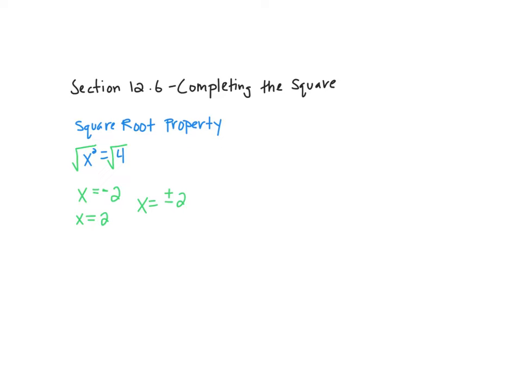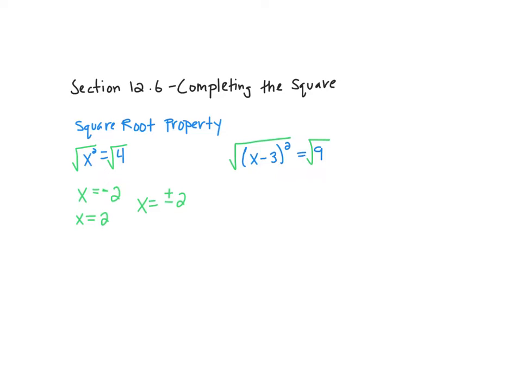Now, I can also have something like this. Let's say I have x minus 3 squared equals 9, okay? Again, I have something squared there. Just like in the last one, I just had x squared. Here we've got x minus 3 squared. So again, I can take the square root of both sides here.